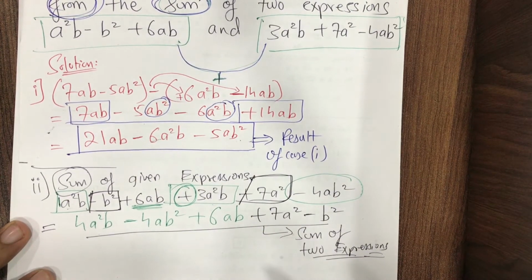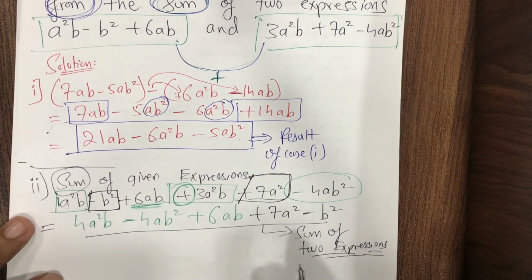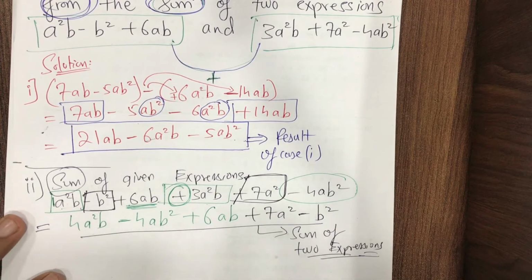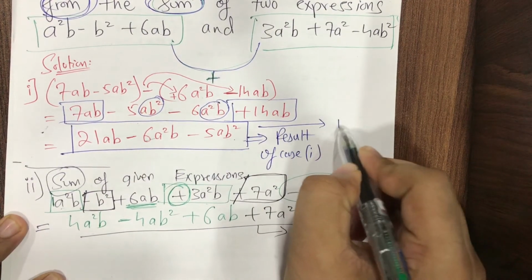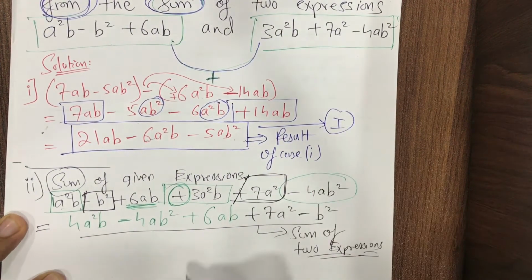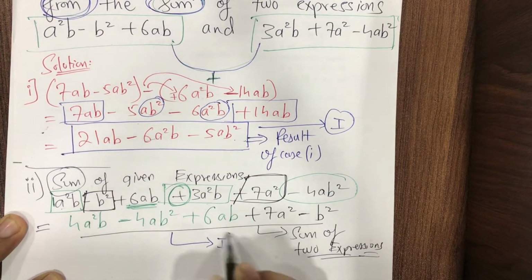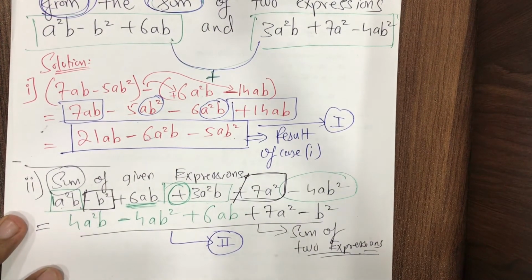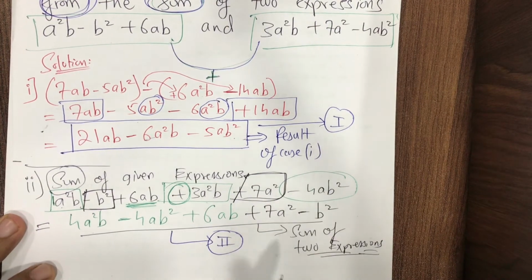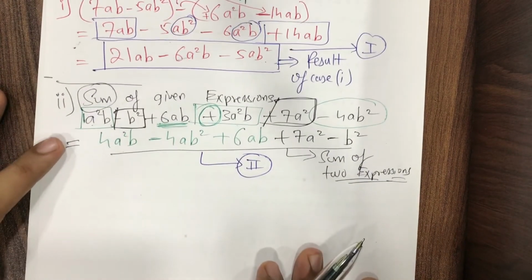Yes students. So what we will do, just for the ease, I will call this equation number 1, in Roman numerals, and I'll call this equation number 2. We have to subtract this from this. So how will I write? Just see here on the screen.